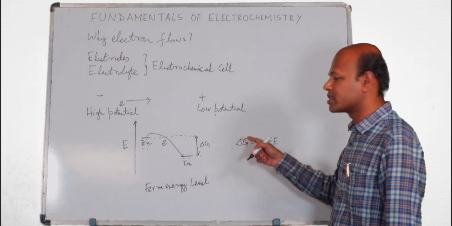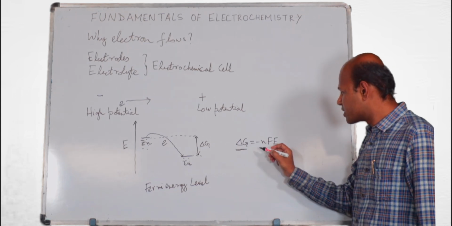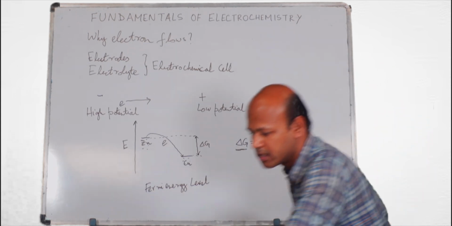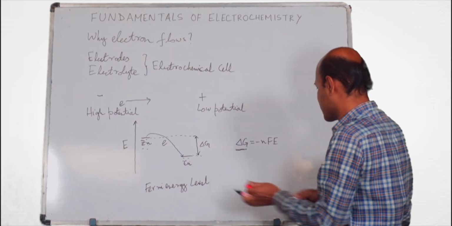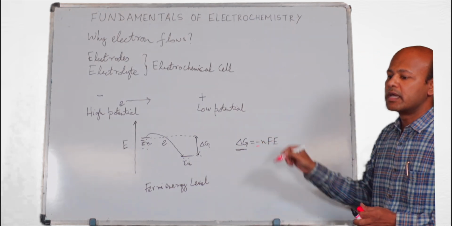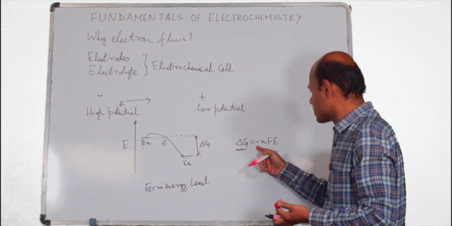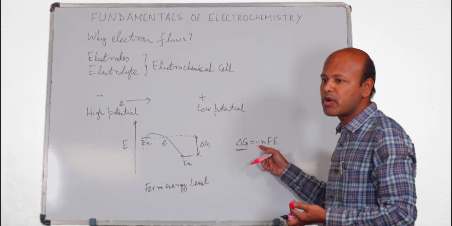How long the electron will flow depends on this parameter, delta G. Initially, our delta G is negative. This negative value shows that the flow of electron is spontaneous. Now how long will it be spontaneous?